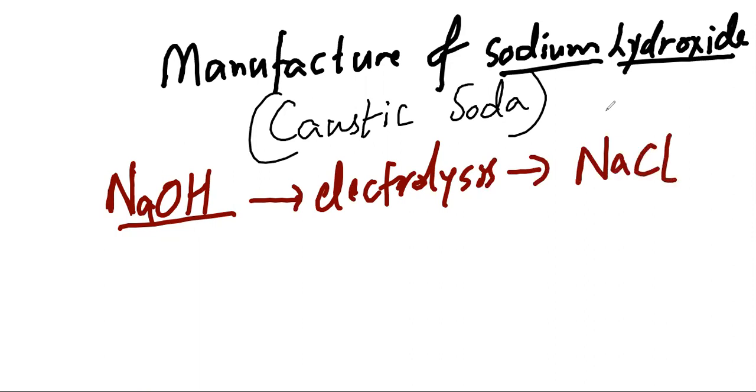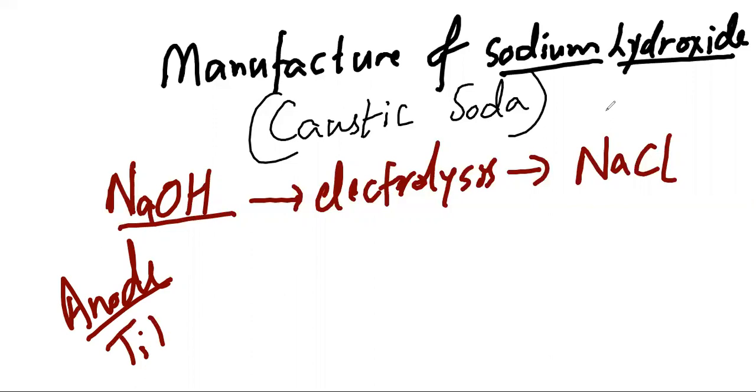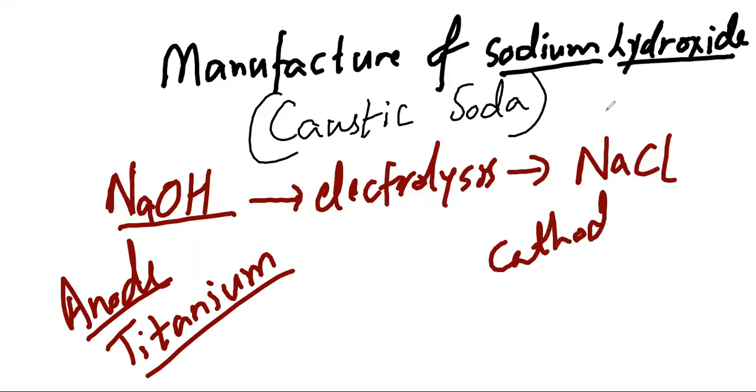In the Castner-Kellner process, first we take sodium chloride solution for electrolysis. We do electrolysis in the primary cell. These are the important parts: anode as titanium metal and cathode as mercury.